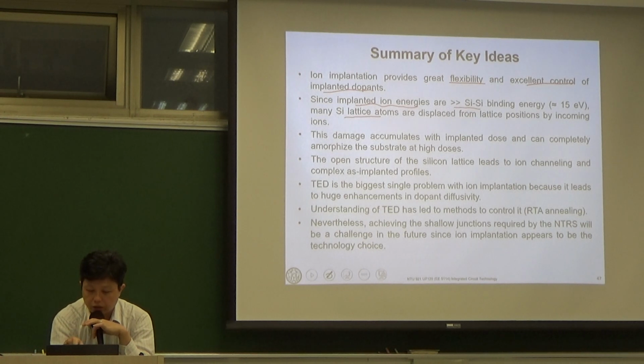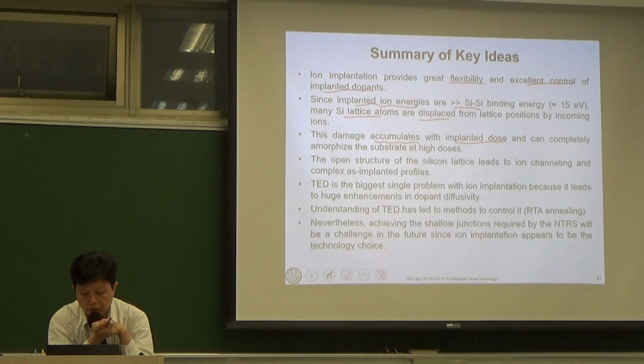If those atoms are displaced, then you create a lot of damage by these incoming ions. And this damage can accumulate with your implant dose and make your crystal become amorphous.